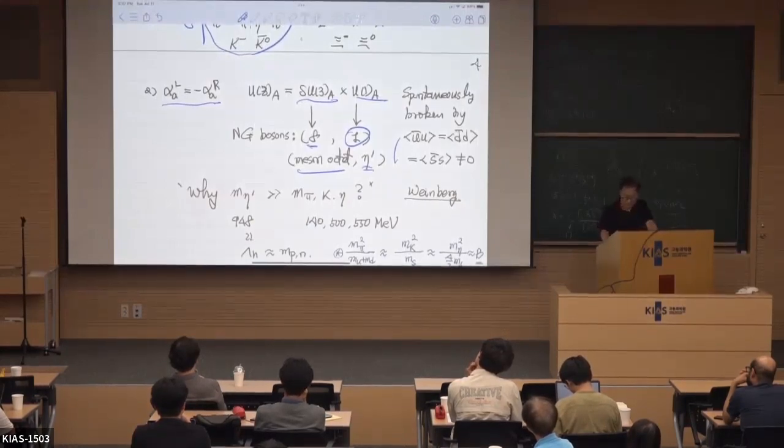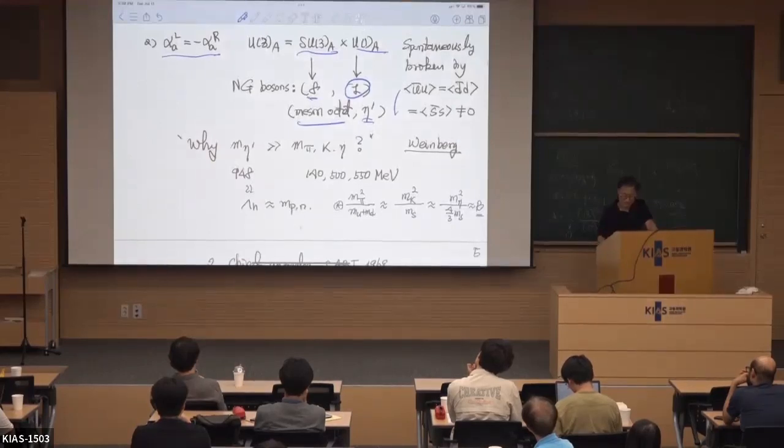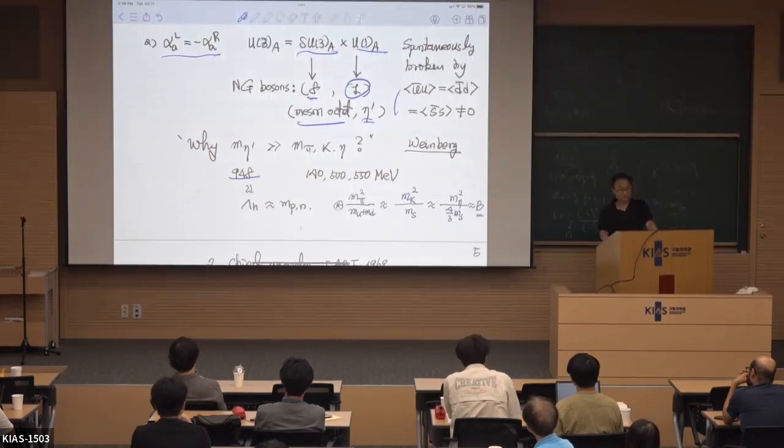Now, we know that the pion, kaon, and eta meson masses are much below 1 GeV, the condensation scale. But the eta prime mass is around 1 GeV. So why? This doesn't sound like a Goldstone boson. People were wondering about this.